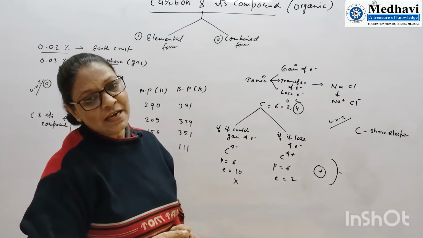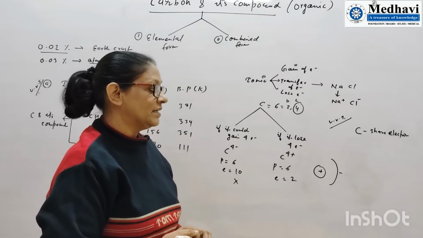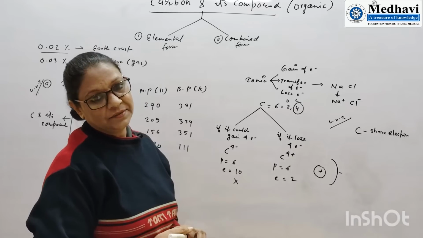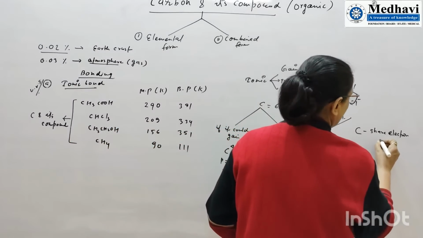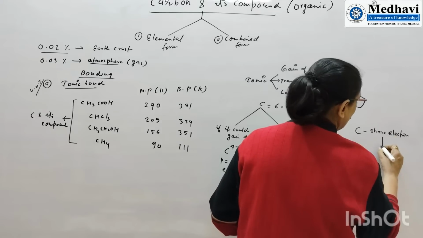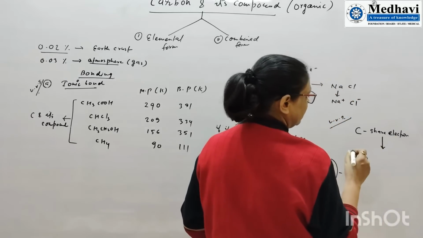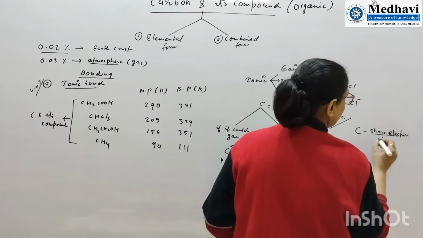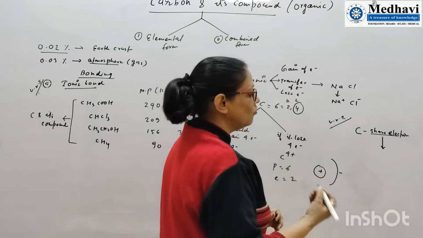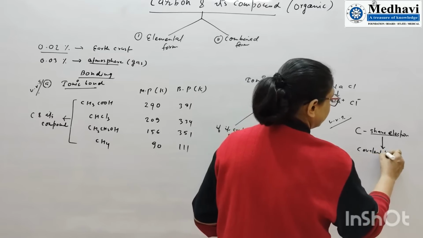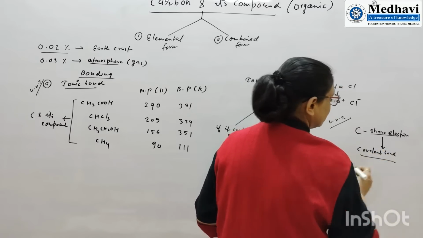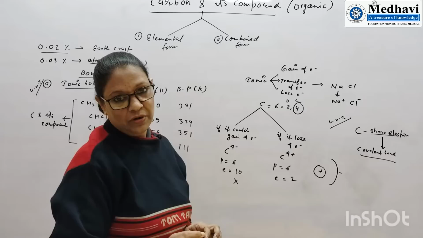It will share electrons with its adjacent atom. This is a very important point. I have already explained in bonding, whenever there is a sharing of electrons between two or more bonded atoms, this is known as a covalent bond.